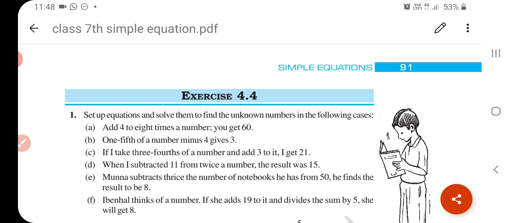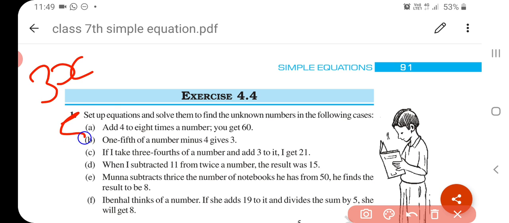He finds the result to be 8. Let Munna have x notebooks because we don't know how many notebooks Munna has. Okay, thrice the number of notebooks means 3x. Now according to the condition we have 50 minus 3x.